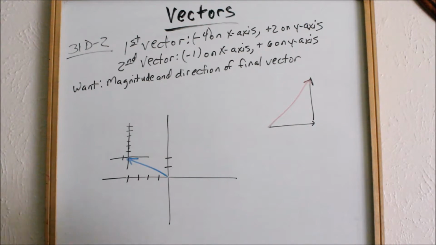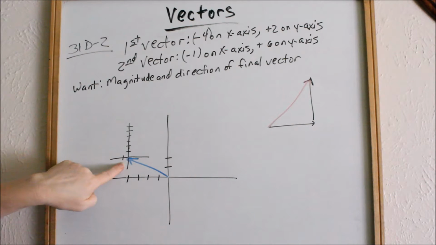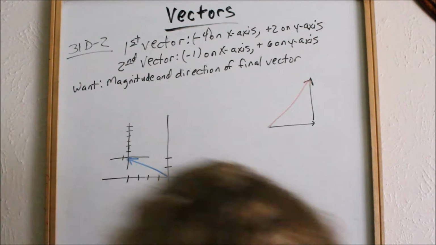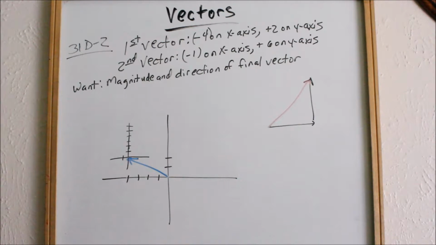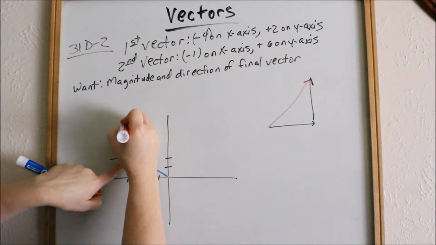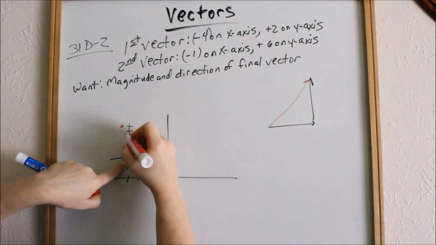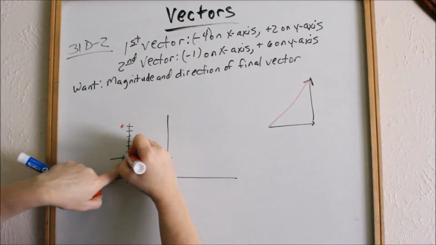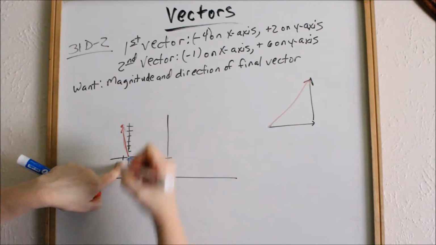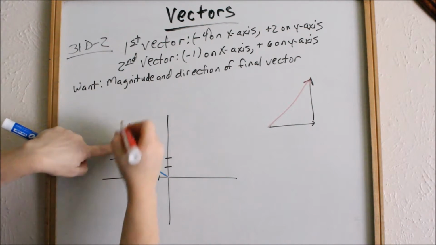So if I go over -1 and then up +6, let's draw that with a second color. That point would be right there. So that vector, you draw it from the origin, from where I went, and you draw an arrow like that. That is my second vector.